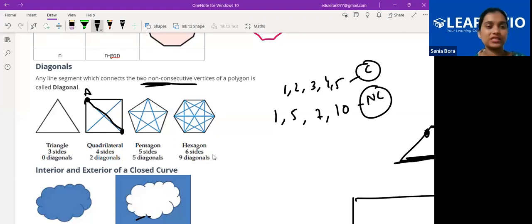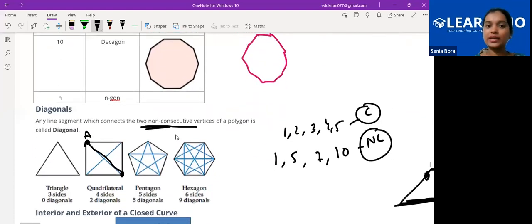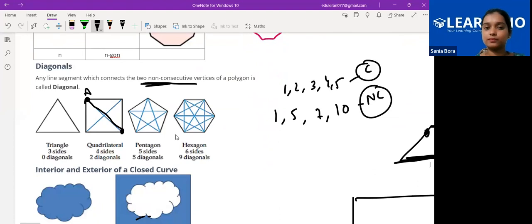Let me know, because this is a fresh start, and if you continue, I'll give you the backup class for whatever I taught in the previous classes. This is a new chapter only. We just started the third chapter, which is understanding quadrilaterals. So try to understand this, and let me know in between if you don't get anything.